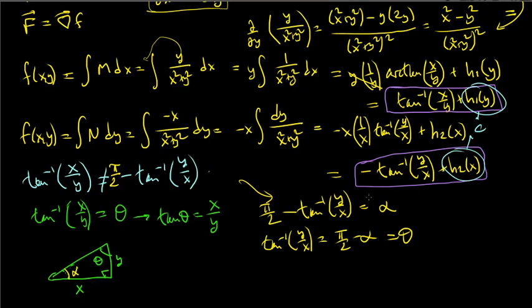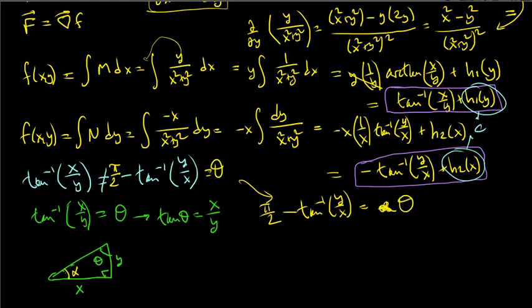Pi over 2. Oh, maybe I got it backwards. Because if we take the tangent of theta, we don't get y over x, we get x over y. So what am I trying to say here? Oh, this is equal to theta, sorry, so there's no alpha here.